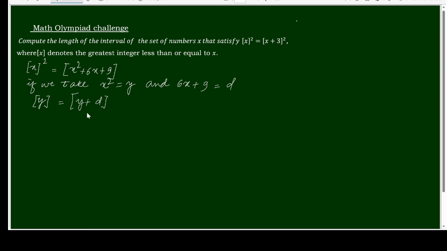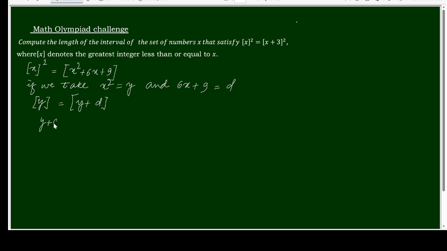And since it's the greatest integer function less than or equal to y, that means floor(y + d) equals floor(y) plus d, because d is the fractional part.